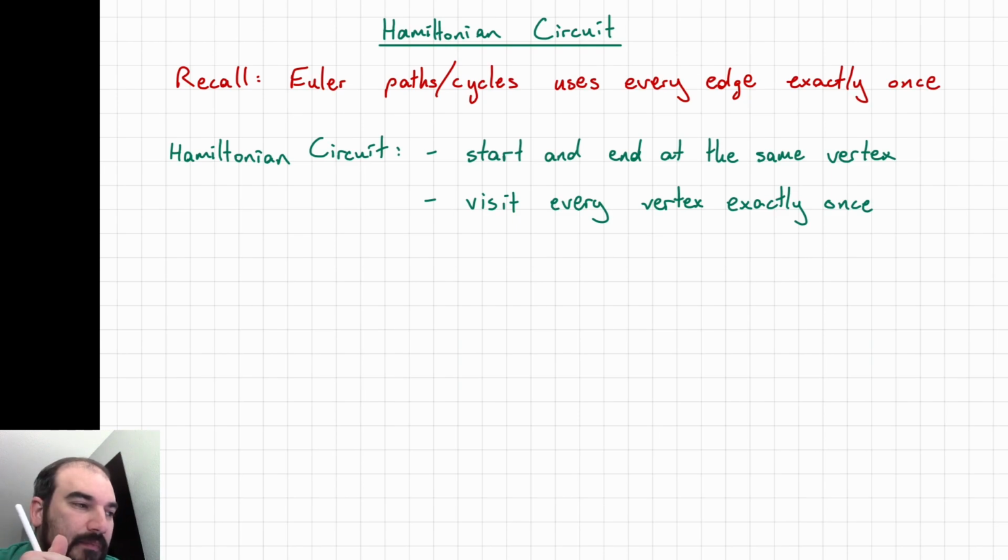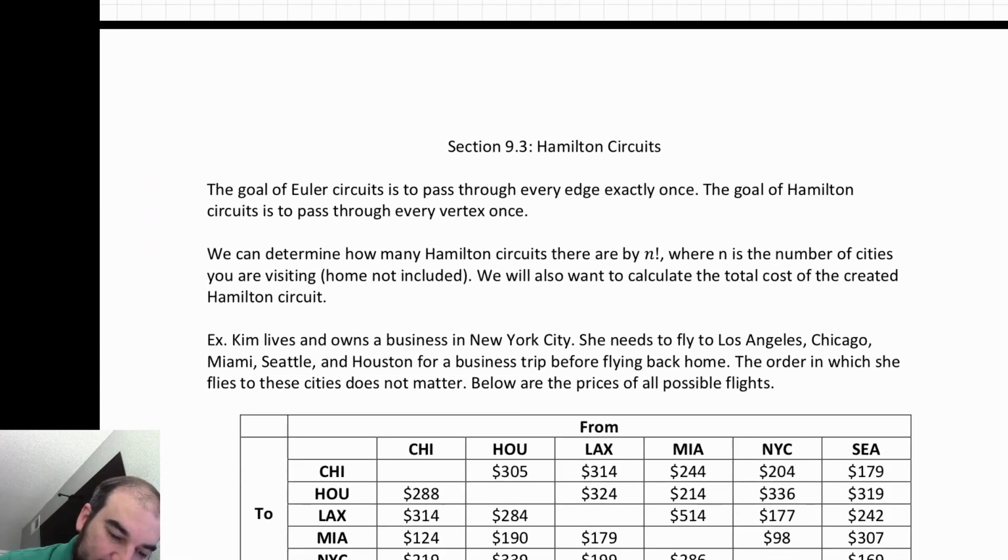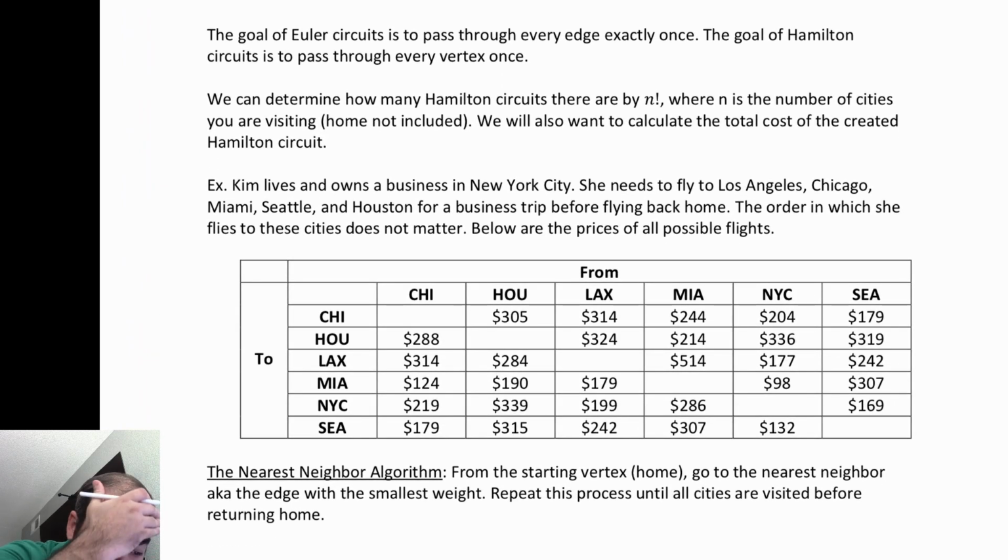So the problem is to find the cheapest route that the salesman can take while visiting all of the cities that he's supposed to visit on this trip, right? So if he's supposed to go to 5 or 6 cities, you'll see an example of kind of exactly that in the handout that we have today.